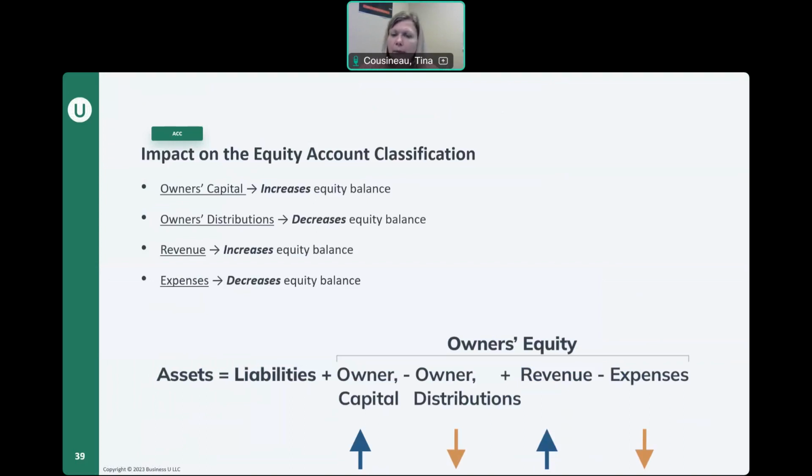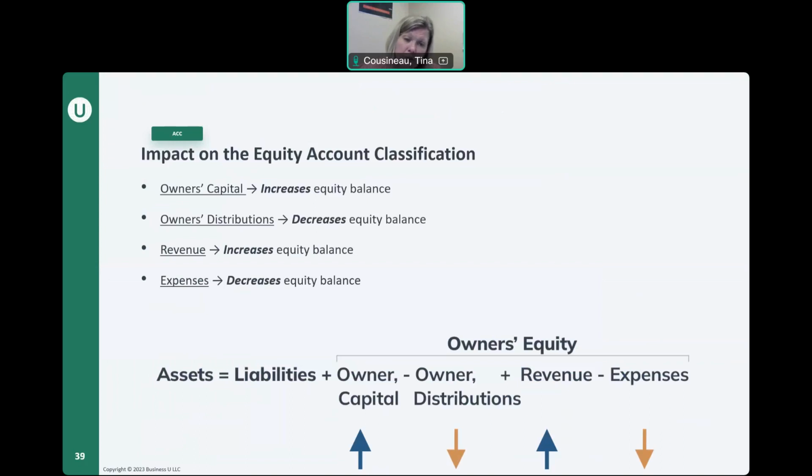Okay, so think about it just like your normal day-to-day owner's equity, right? If I make money in my job, I increase my owner's equity. If I buy Starbucks, it's an expense. It decreases the money that I have.